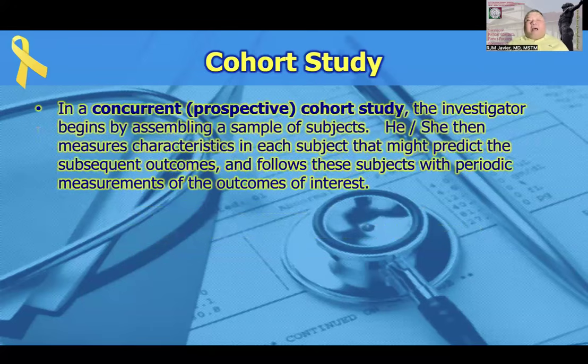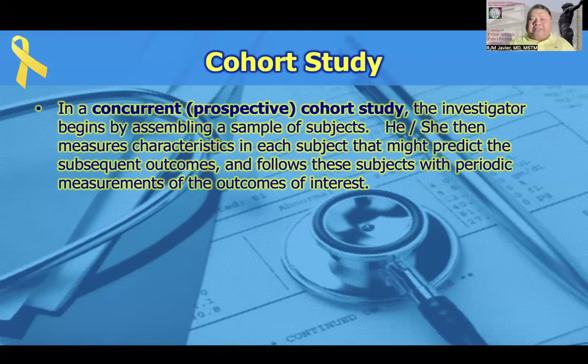Now let's talk about your concurrent cohort or your prospective cohort. Here, instead of recruiting study subjects based on the presence or absence of the disease, just like in a case control study, remember case control. Cases you have the disease, control you don't have the disease. And it is retrospective in design.